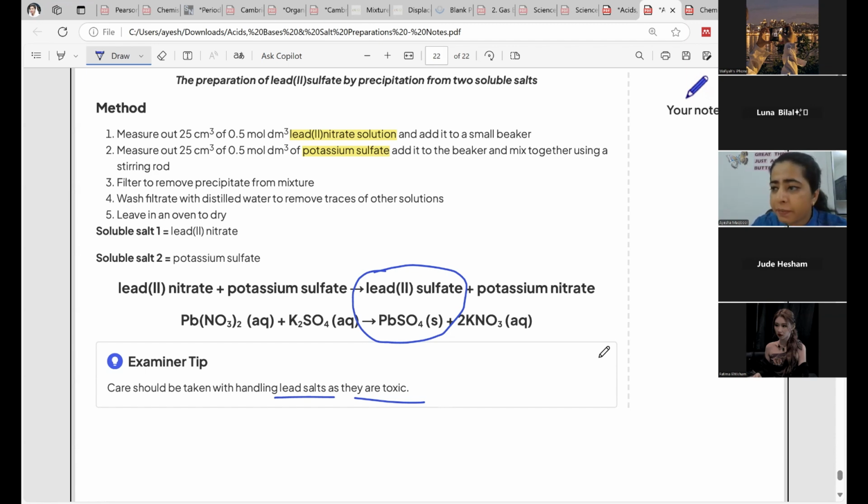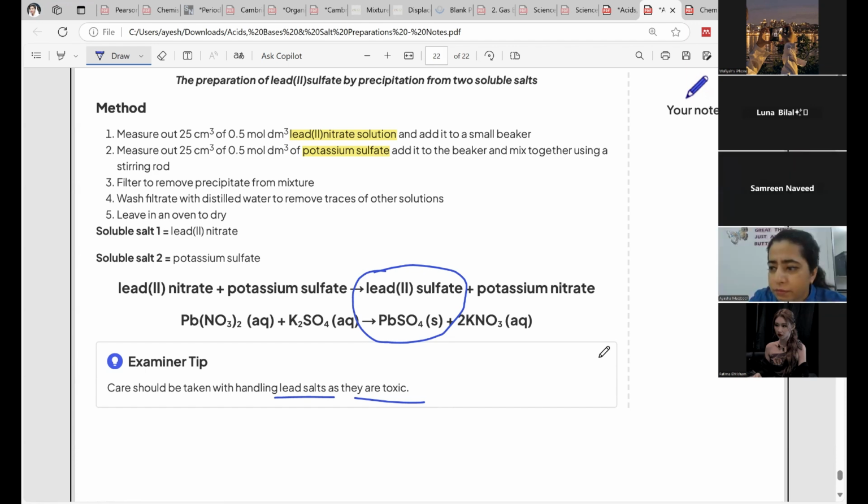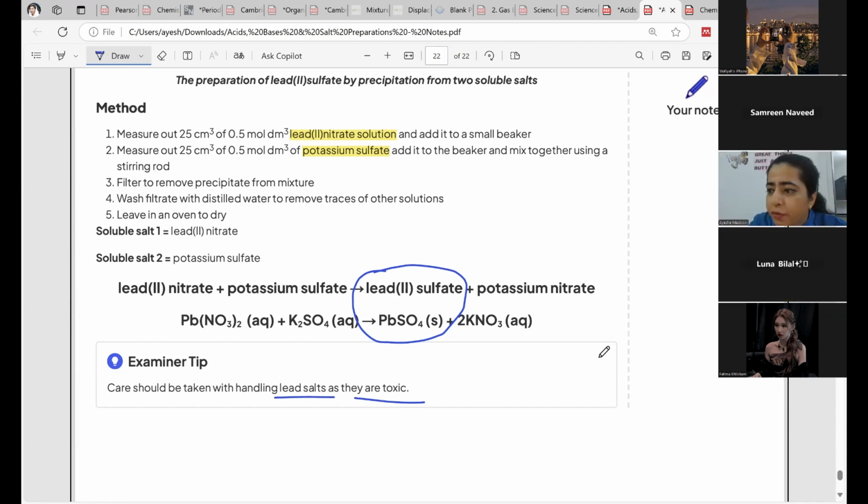Any question till here? Miss, I have a question. Yes, Wafia. Miss, it's kind of relevant to the topic, but when I was younger, I had this crystal making experiment set.